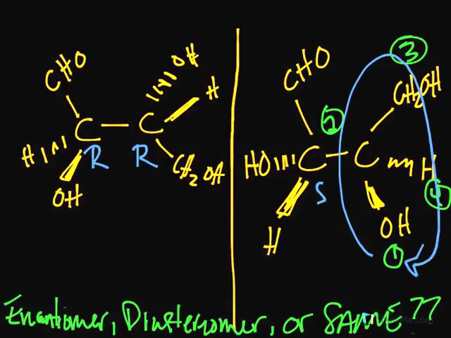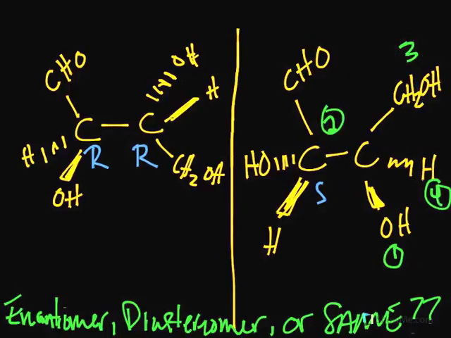So it's going clockwise, so that is going to be R. And we don't have to do any manipulation because we already have the hydrogen going towards the back. So I'm going to erase all this, and I'm just going to write it out like so. So this is R.